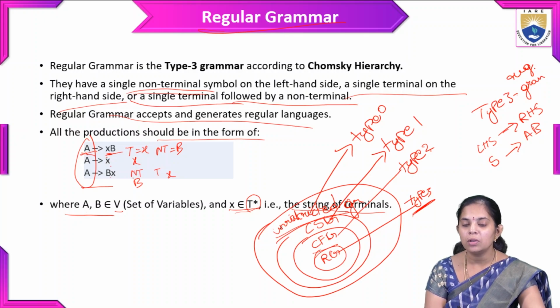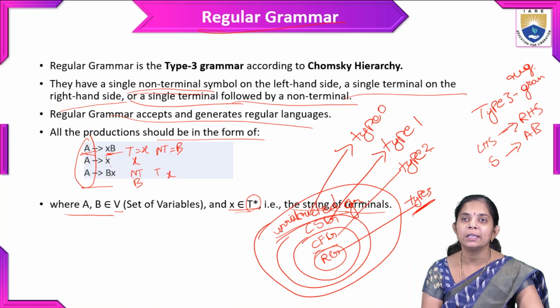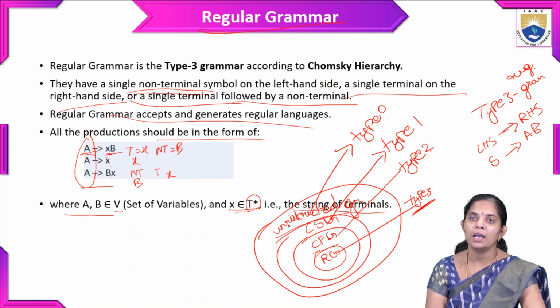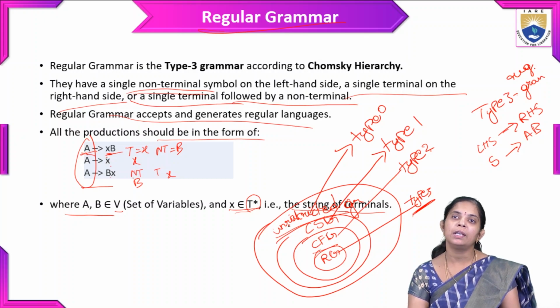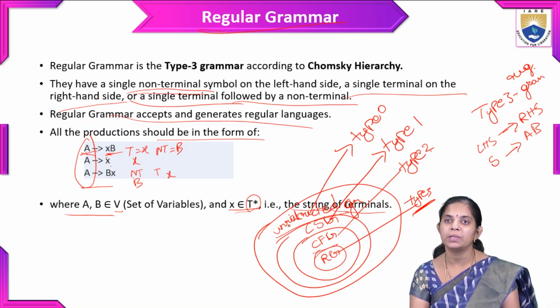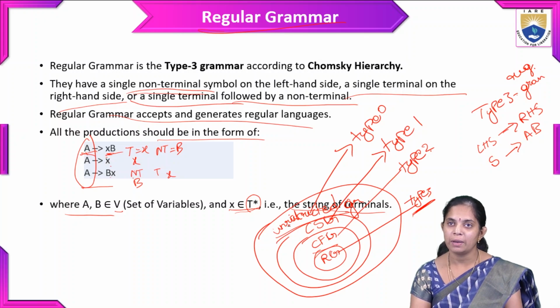So these are the regular grammars in the Chomsky hierarchy, where type 3 grammars are represented with the regular grammar.